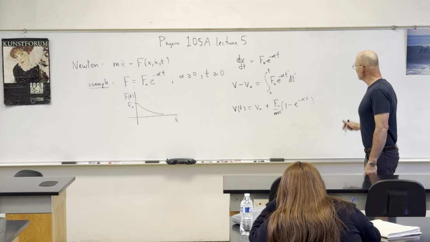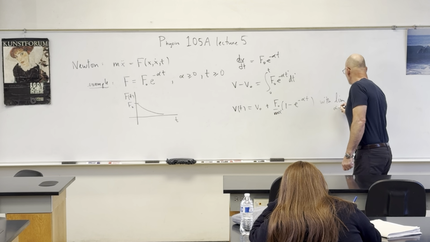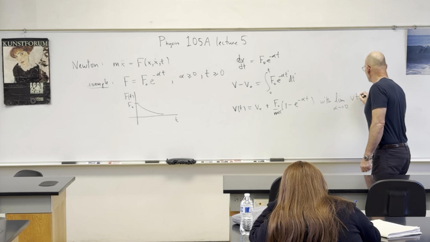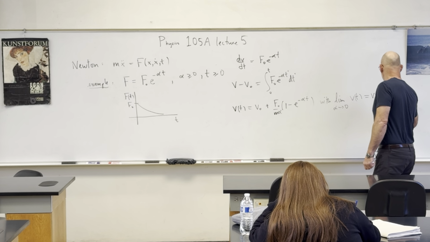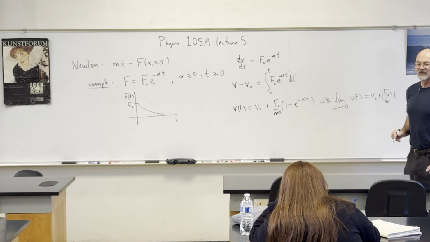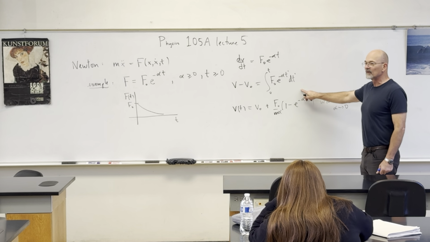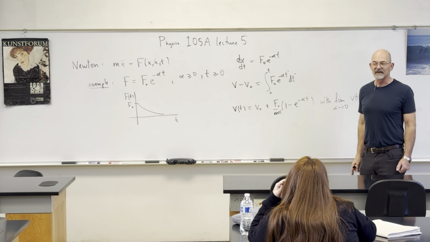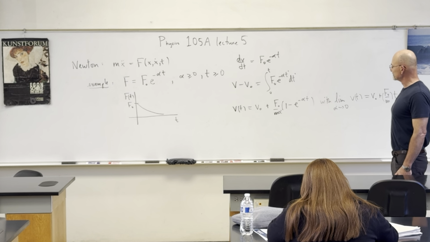But we found that the limit, as alpha goes to 0, of v of t is v naught plus F naught over m times t, which we just recognize as the constant acceleration solution. So this process is really important to actually see what it is you have here. We're not plugging numbers in, nobody's asking us what some value is. We're looking for the functional form of this thing.